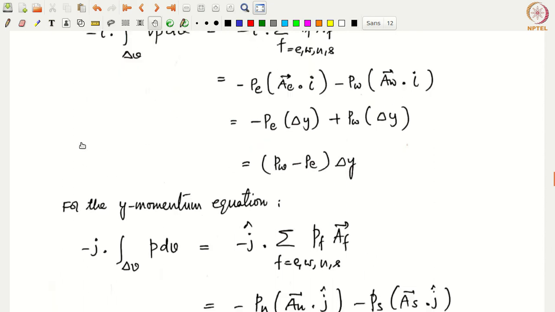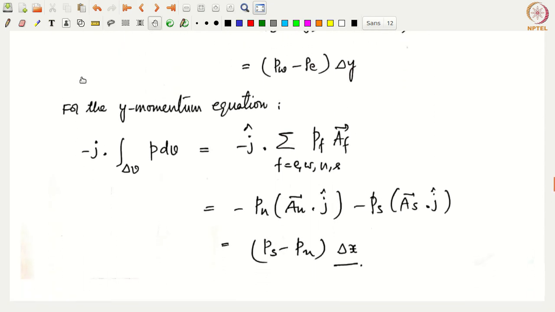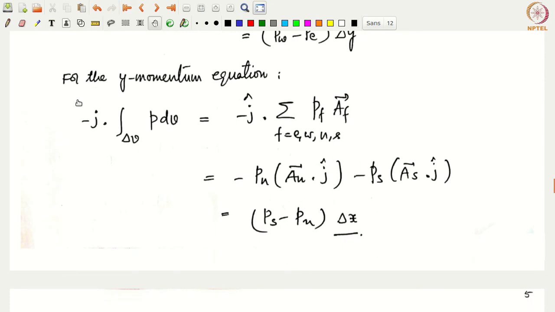Alright, then let us look at the y momentum equation. So the y momentum equation has minus j dot, this is not correct, this should be a gradient, this is grad p, right? So this should be a grad here. So this is basically the integral of grad p dv. If you apply the Gauss divergence theorem, this will come to minus j hat dotted with the sigma of p times Af bar.